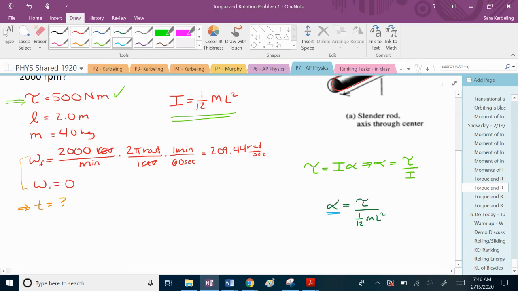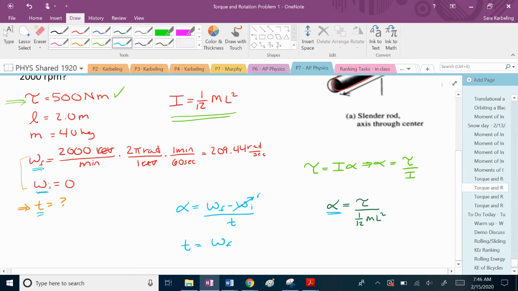So I've got my alpha, my initial and final angular velocities, and time. I recall from my kinematics equation sheet that alpha is equal to omega final minus omega initial divided by time. Solving that for time, we've got omega final. Well, omega initial is going to go away, isn't it?